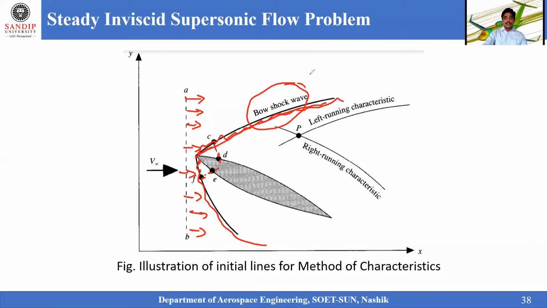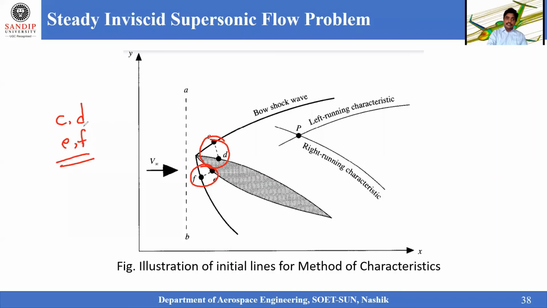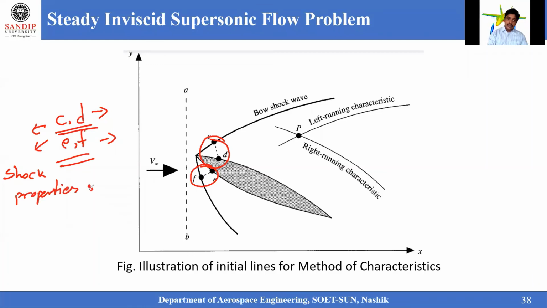When you are going with the shock fitting approach, my CD and EF should be defined in such a way that these 2 points obey the shock properties and the location of the shock, and the location of the shock should be available with me.